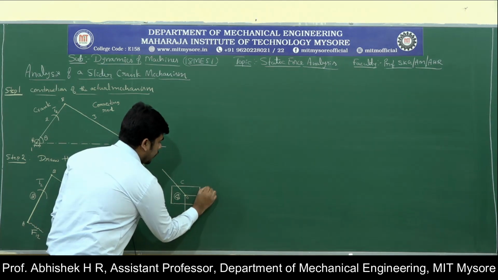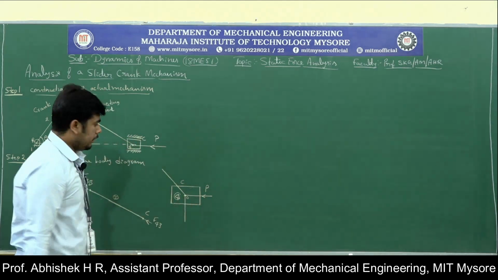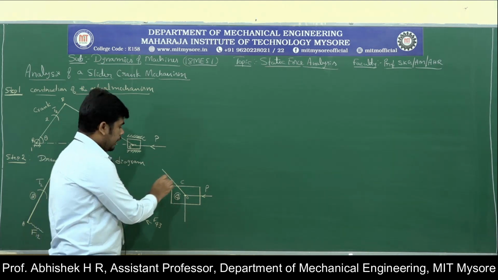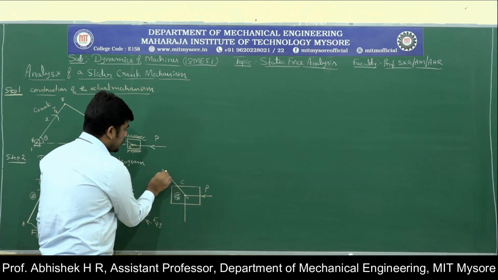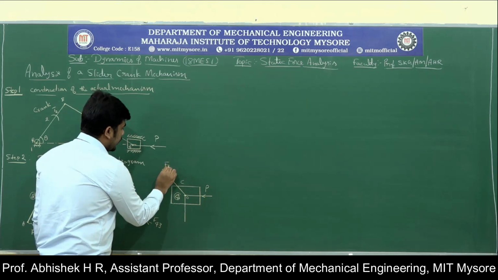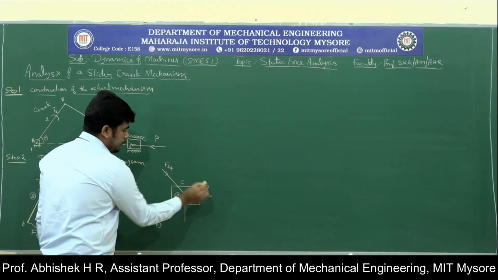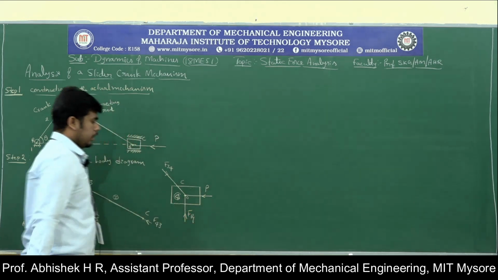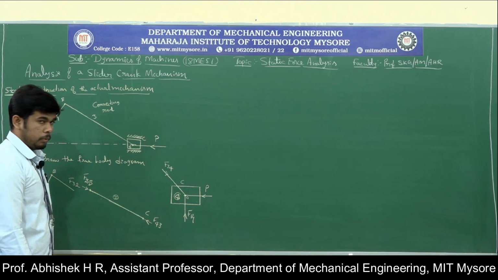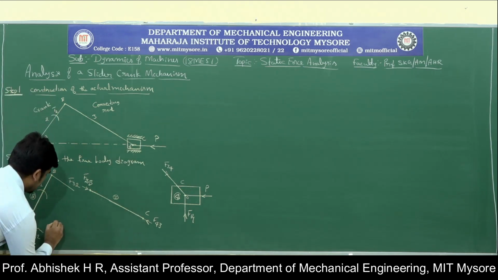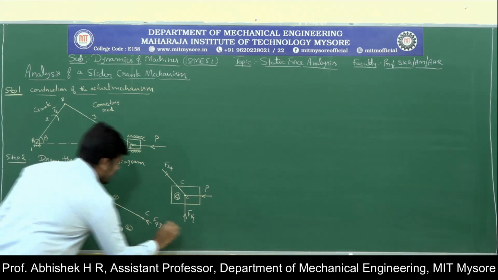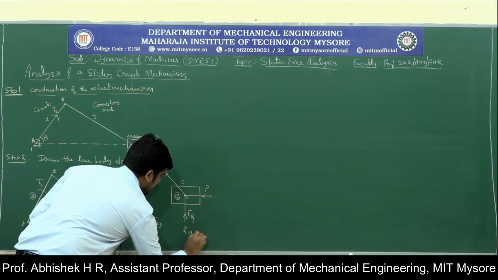Here we have the load, that is P, and the force of link 3 is exerting on link 4, so that is F34. Here it is P and this is F14. So this is figure 1, this is figure 2 and this is figure 3.